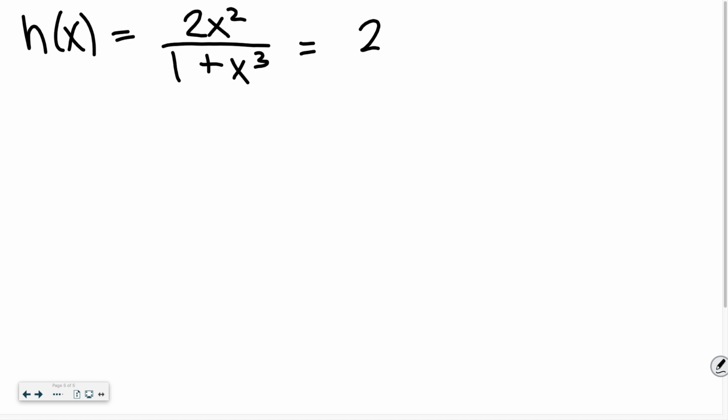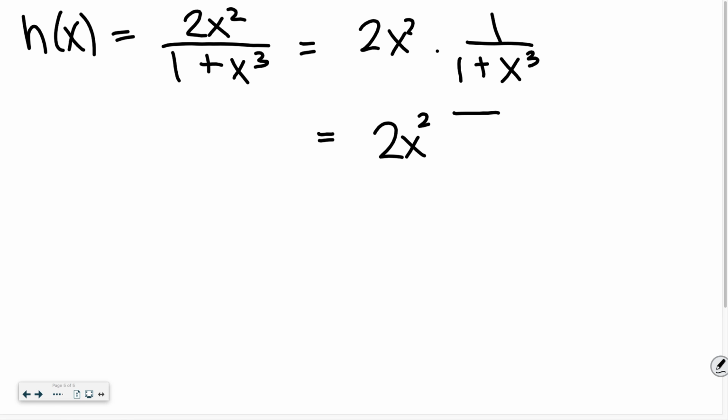It's 2x squared on top. Isn't that cheating? We know that we can write this guy as negative 1 to the n, x to the 3n. That's what we did in example 2.